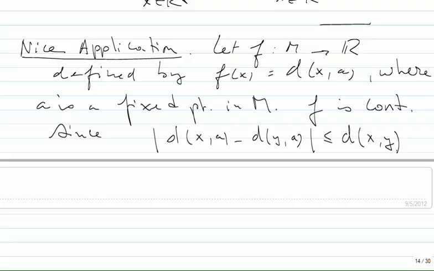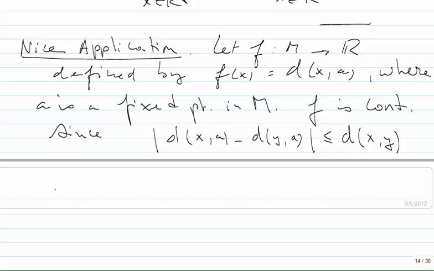So in this case, we take delta equal to epsilon in the definition of continuity at any point. So it's independent of the point here. Of course, this inequality we get from the triangle inequality. So f is continuous everywhere.